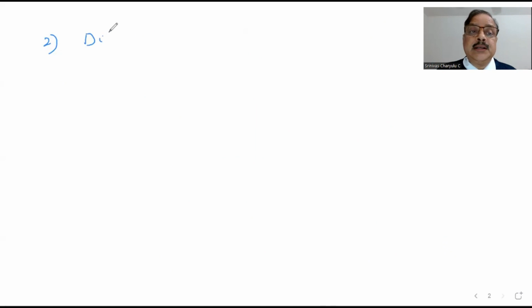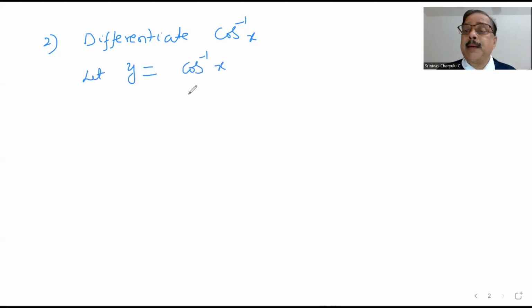Differentiate cos inverse x. Same procedure, let y is equal to cos inverse x. I remember having told you that in place of y you can also write f of x. So there is no difference. Either y or f of x doesn't matter. So better we use right now y.